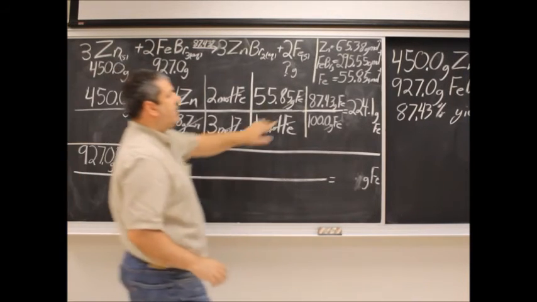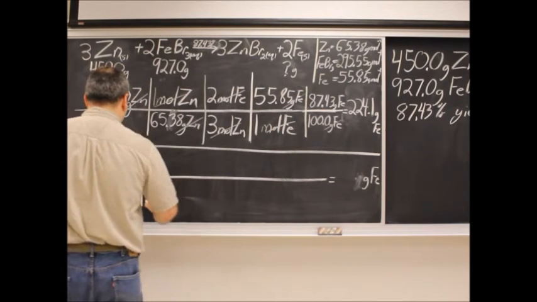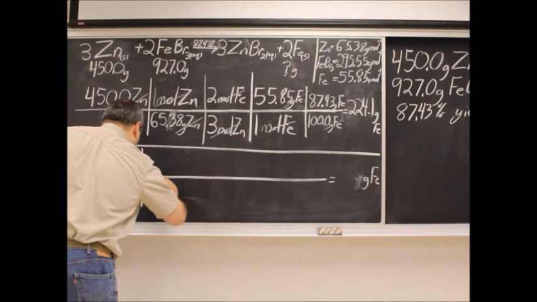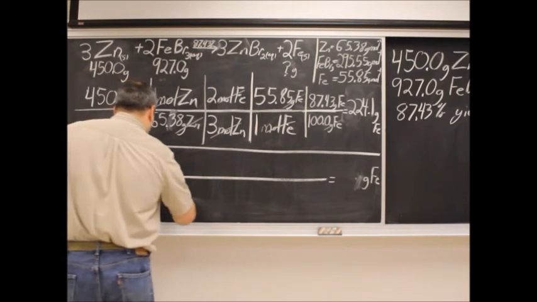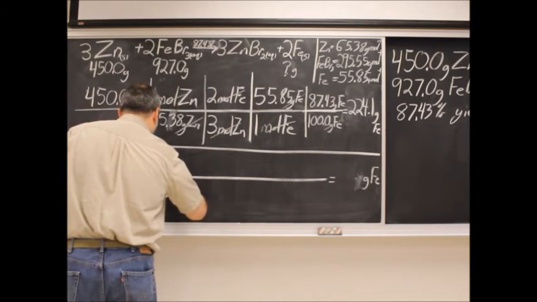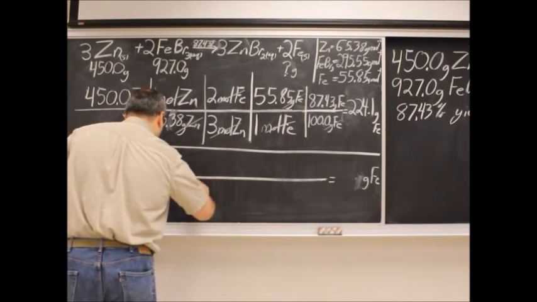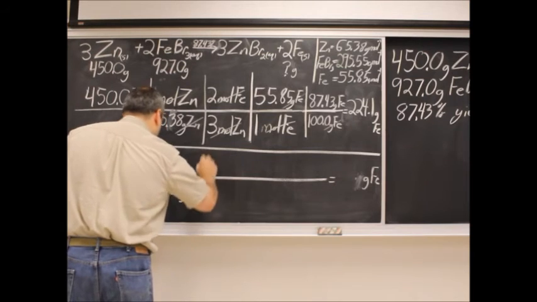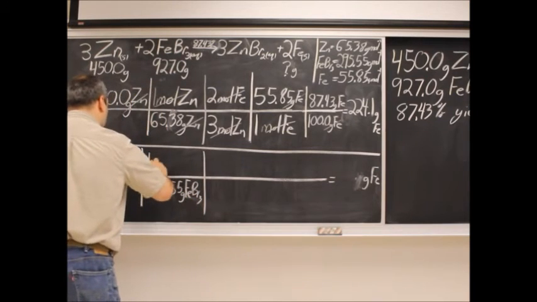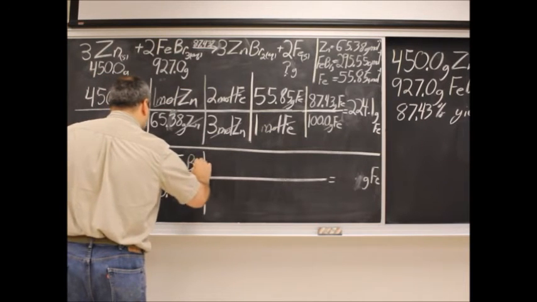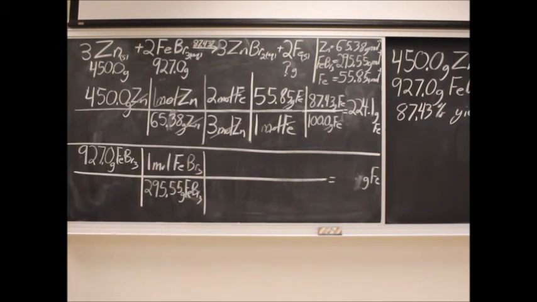So the molar mass of iron 3 bromide, 295.55 grams of iron 3 bromide for every 1 mole. Again, grams to moles conversions should hopefully be coming second nature at this point for you guys.